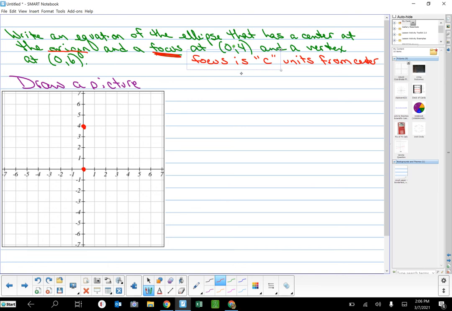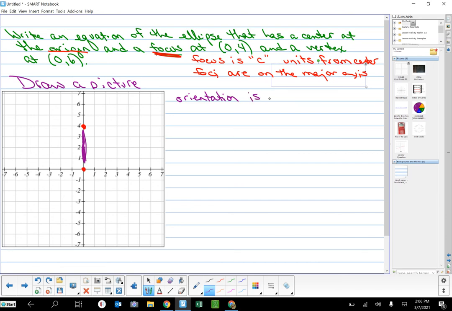So what that tells us is a couple things. You also know the foci are on the major axis. So this tells us that the orientation of this ellipse is vertical, and c equals 4.